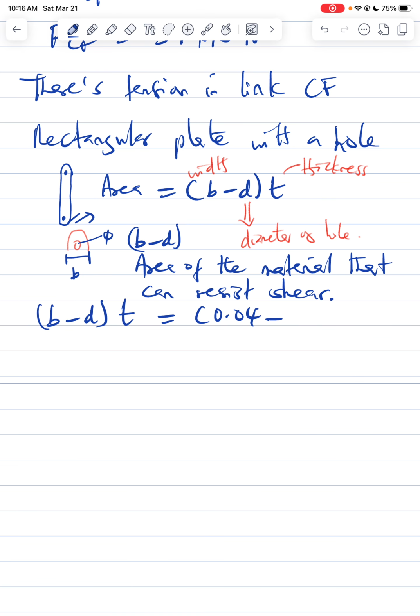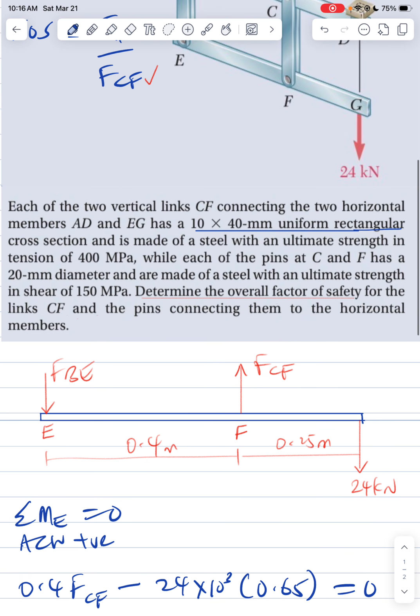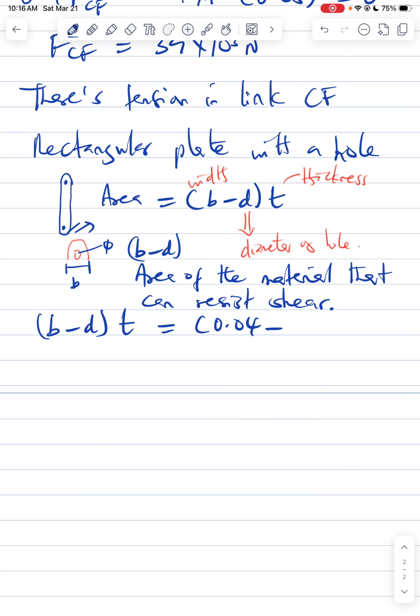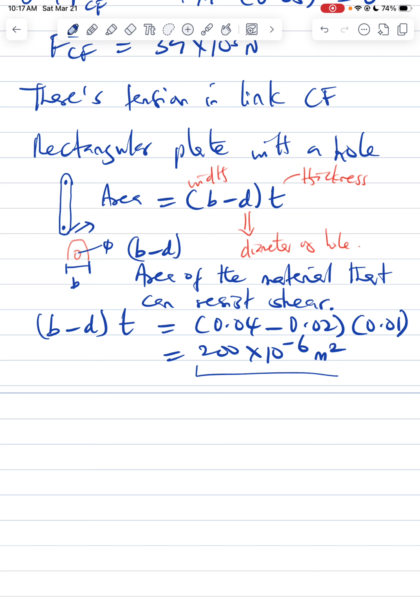Then the diameter is 20, the diameter of each pin. First, what we are doing is the area of one: 0.02 multiplied by the thickness 0.01 equals 200 times 10 to the power minus 6 meters squared. That's the area, very important, of just one link.